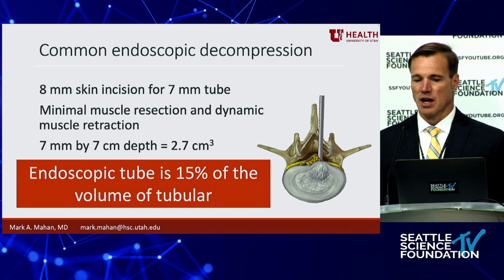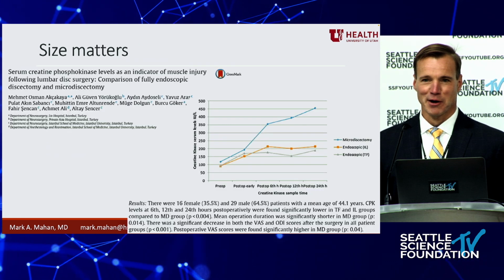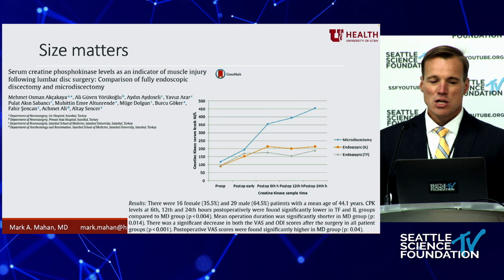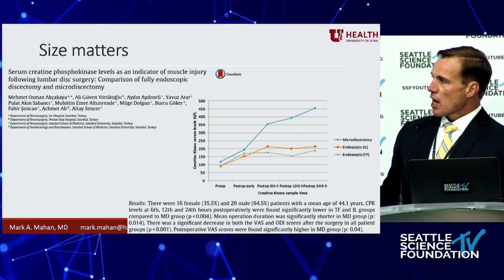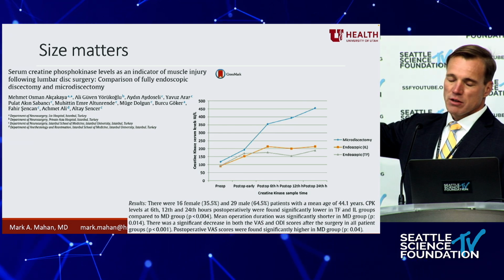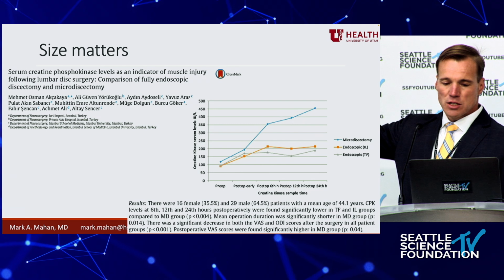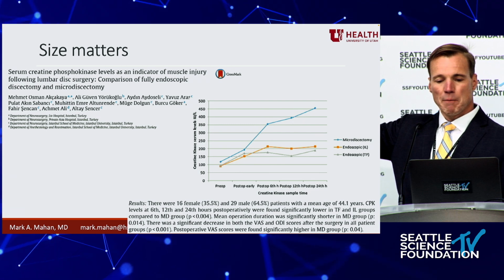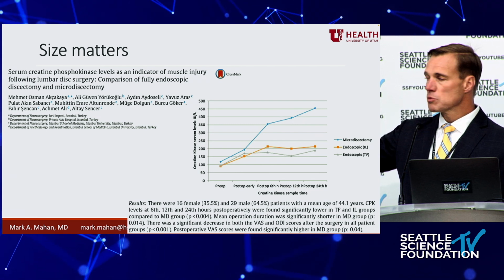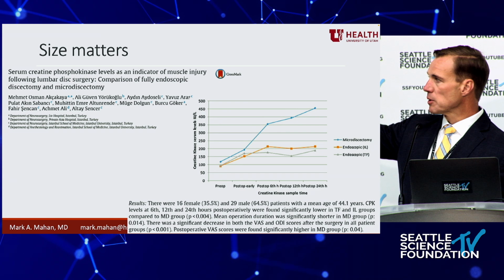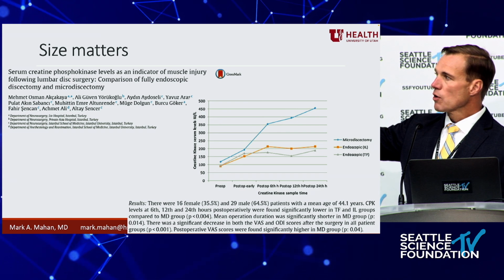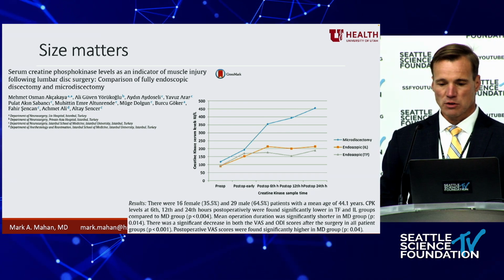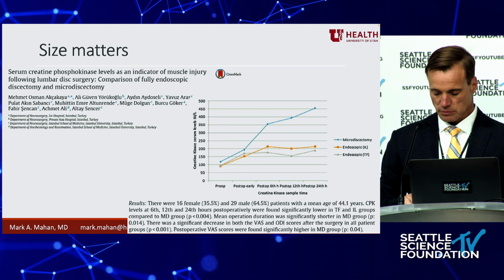Why do I care about the size of the tube? Because size does matter. If you look at the line graph on the far right, you see that compared microendoscopic surgery versus tubular endoscopic, you see much less creatine kinase serum levels days after surgery.